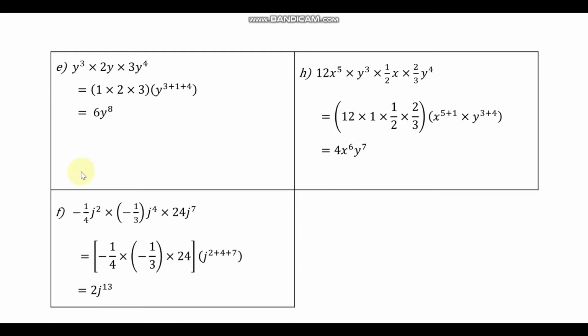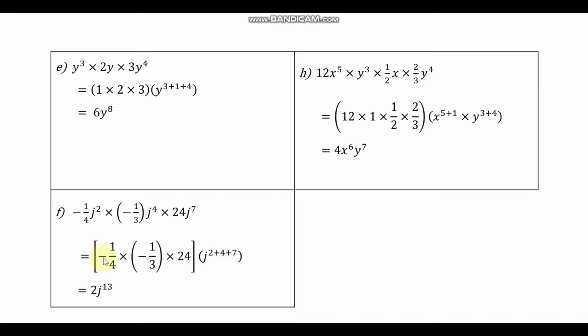Next question, it only has one base, which is j. So do it the same way. We separate the numbers and the terms. The first bracket we put in all the numbers, and second bracket we put the unknown, the terms.